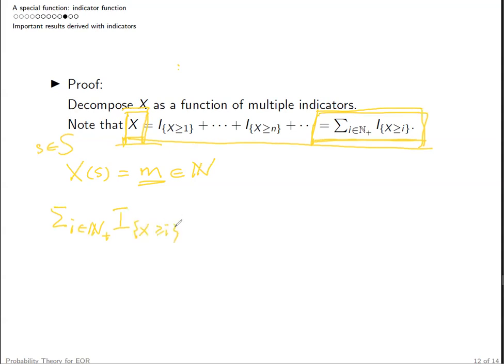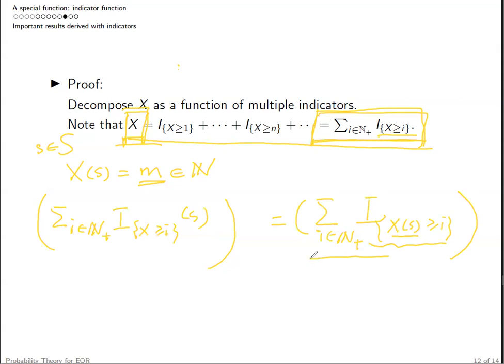This summation of all the indicator functions is still a function. The summation will be over i from the positive integers of the indicator that X(s) is larger or equal to i.